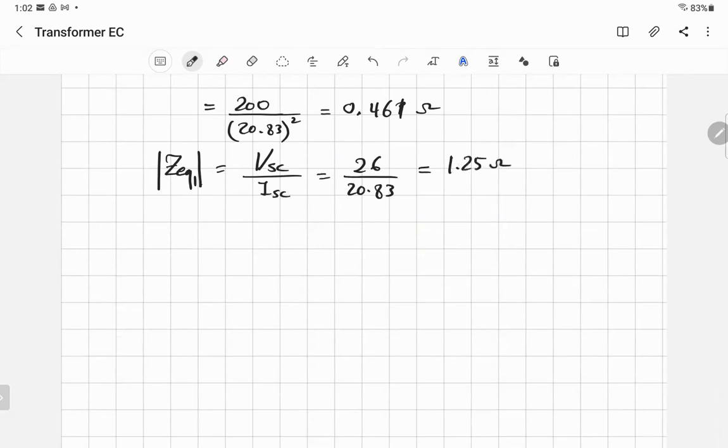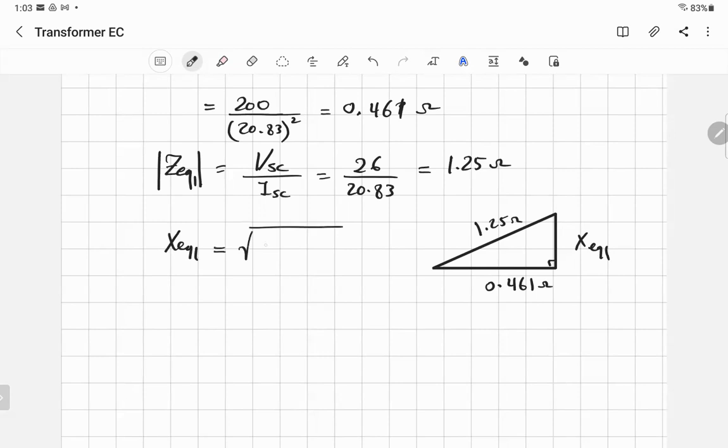Remember, the impedance triangle will help you. You have the resistance equal to 0.461 ohm, and the impedance 1.25 ohm, and you need to find X equivalent 1. Piece of cake. So X equivalent 1 equals the square root of Z squared, 1.25 squared, minus 0.461 squared, and you'll get the X equivalent.